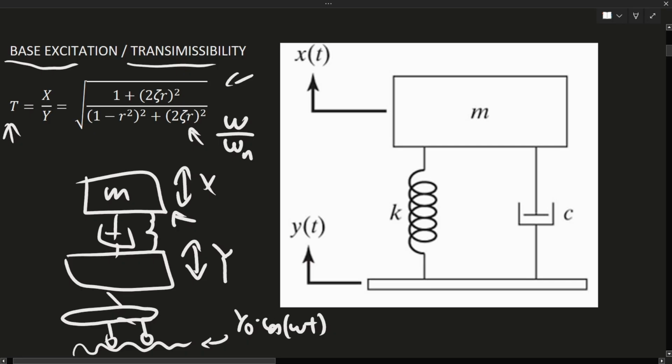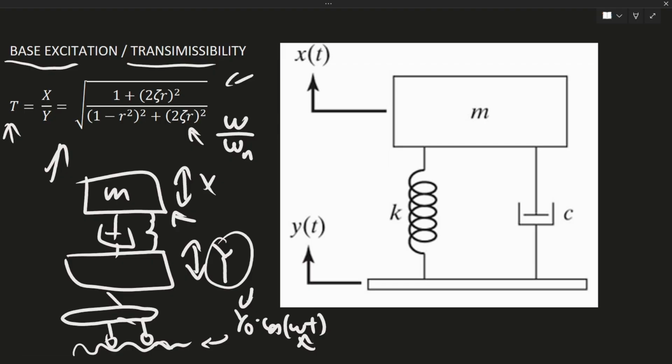A lot of these problems, they use this equation because they define the y0, the amplitude of the road, basically as Y, and the waviness as the frequency. So if you see this in your exam or your problem statement, there's a very good chance that you have to use this equation over here.